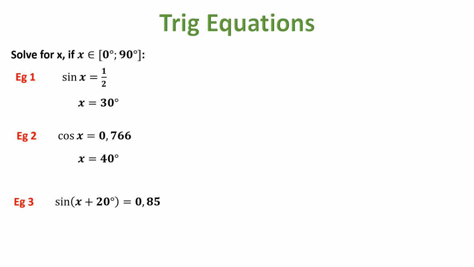With sine of x plus 20 is equal to 0,85, we see sine as the first thing written on the line. That's the piece I'm going to get rid of first. So on my calculator, we're going to type in Shift Sine of 0,85, which leaves me with the whole bracket in the next line because I haven't worked with anything inside the bracket yet.